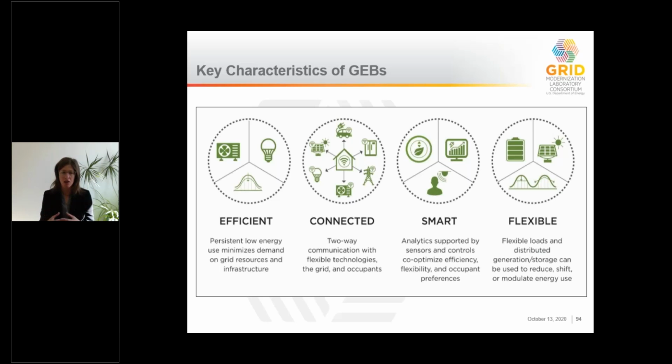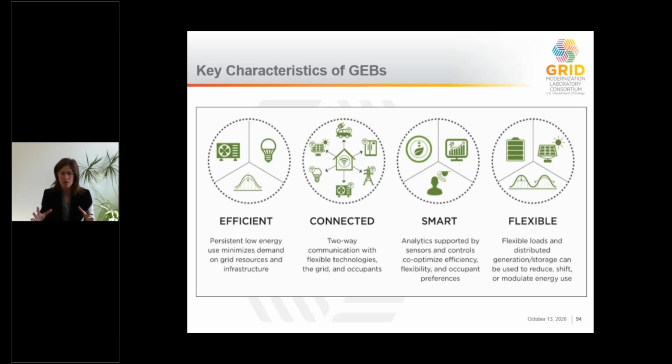We have equipment that are IoT enabled and connected. They offer two-way communication between equipment and a building automation system or a home energy management system. We have advanced analytics that really enable the smart operations that are often supported by multiple sensors and controls that are more readily available on the market these days, and we can optimize our efficiency and flexibility while maintaining occupant comfort in buildings.